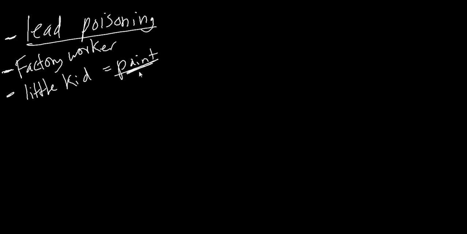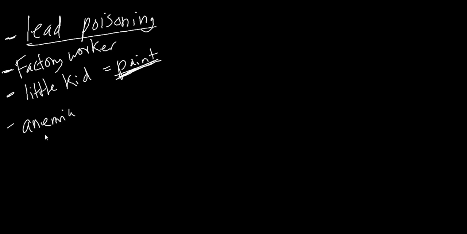So that could be one. A little kid who had been noticing, the parents noticed that this kid ate some paint, and they live in an older house. So they're either going to tell you lead poisoning, or these are some presentations that could clue you in to suspect some lead poisoning. So what are you going to get with lead poisoning? You're going to get anemia.